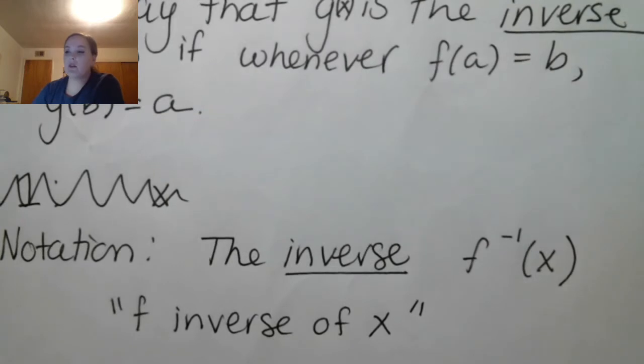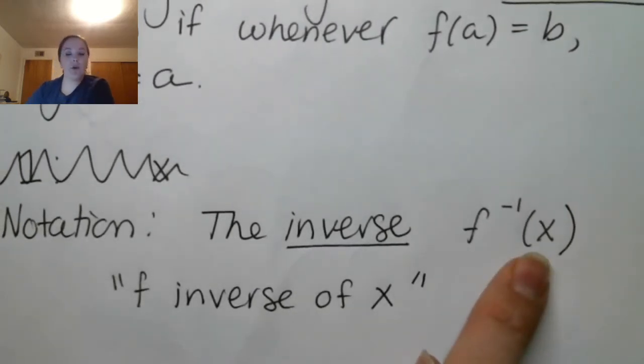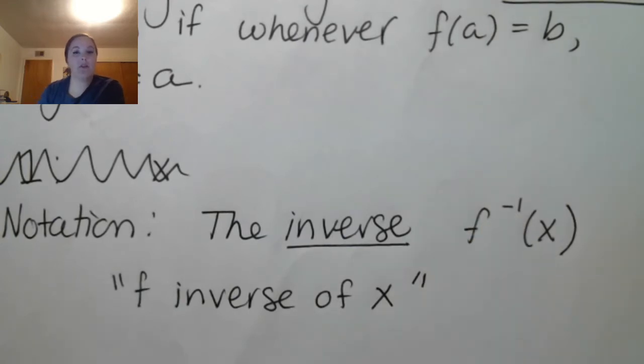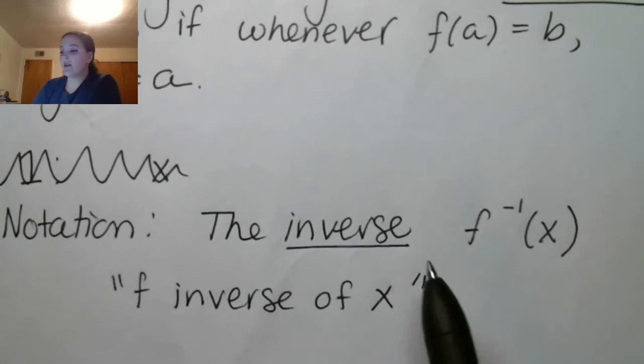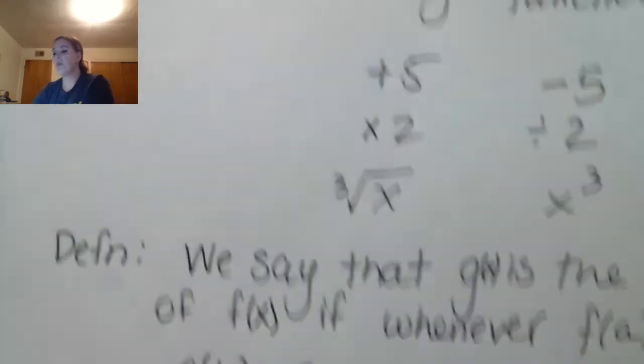It is still function notation. This is still the input. This is the inverse notation. That little -1 is just the inverse notation. It doesn't have anything to do with the number -1. It doesn't have anything to do with exponents or negative exponents. It is just the inverse notation. All right, now that we've seen the notation, let's move on to some examples.